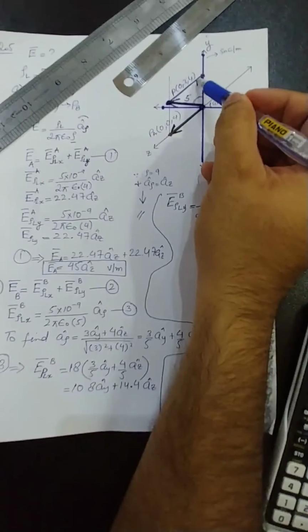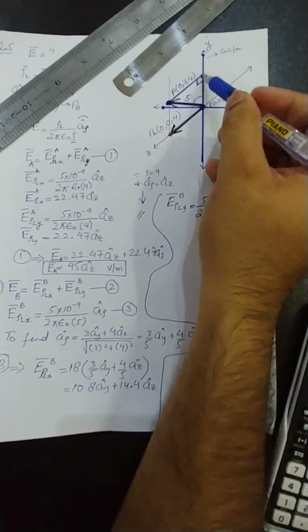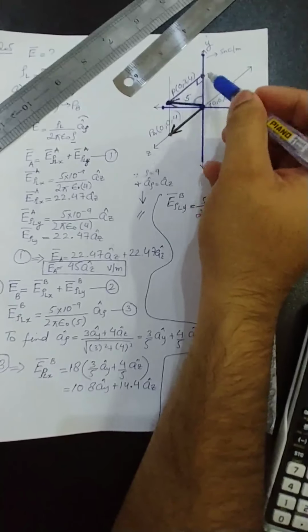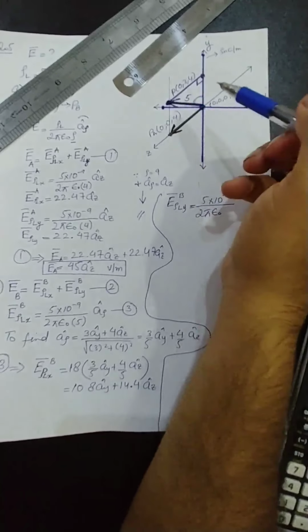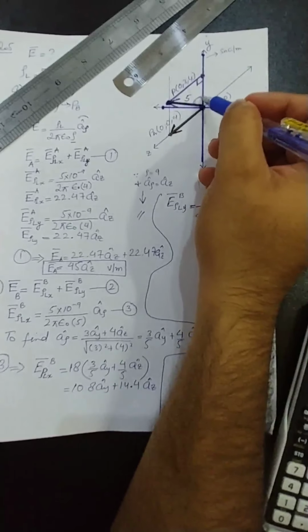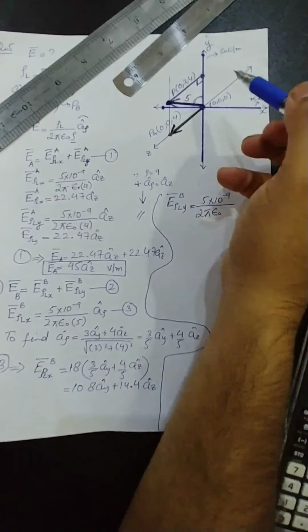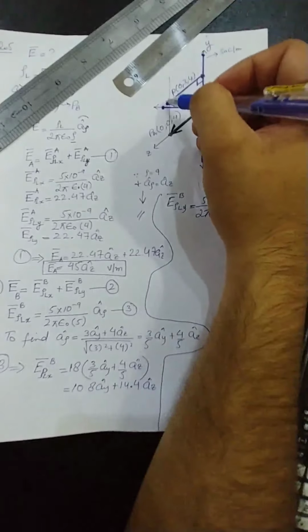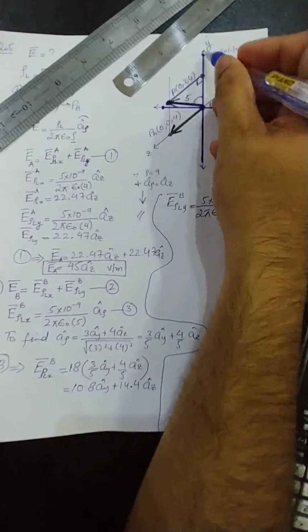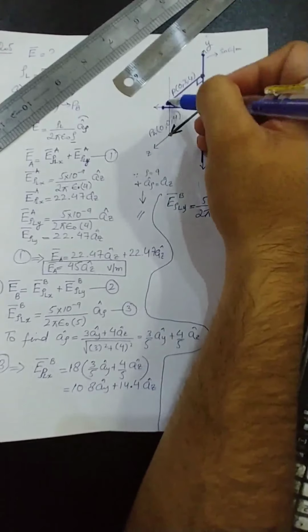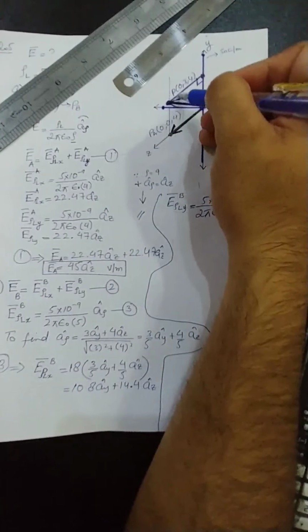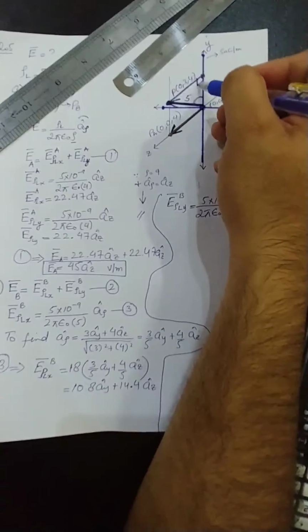The height was 3, the width was 4, so we used the Pythagorean theorem because this was not 90. Now if I want to find the perpendicular from this point with respect to this line, I'll have to draw the perpendicular such that we get 90 here.